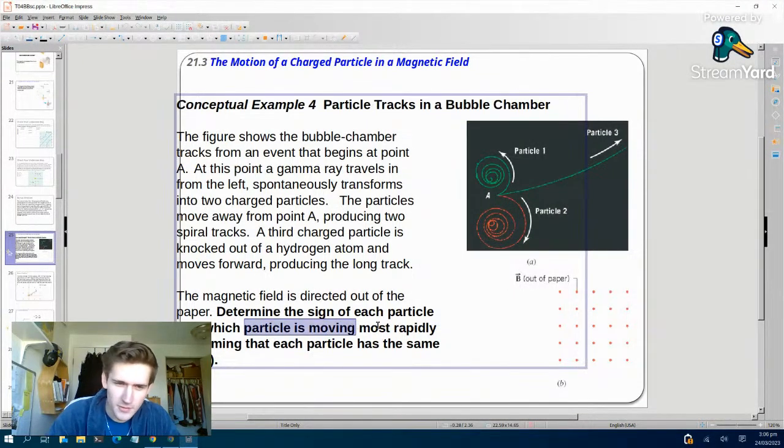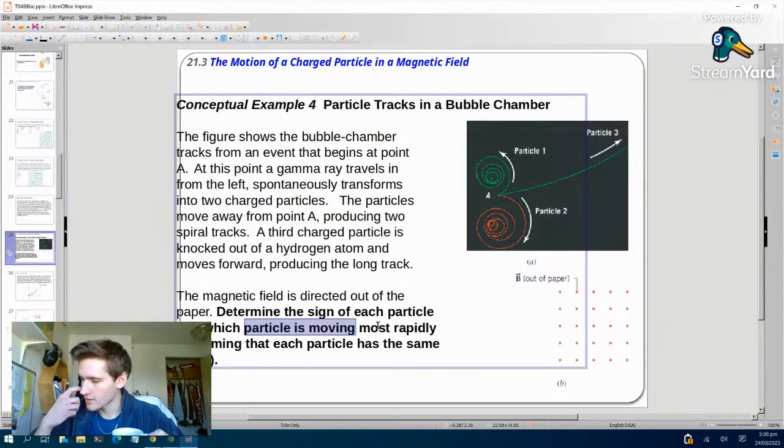And which particle is moving most rapidly, assuming that each particle has the same mass? Well, if we want to figure that out, we go centripetal force equals mv squared over r, and assuming they have the same mass.